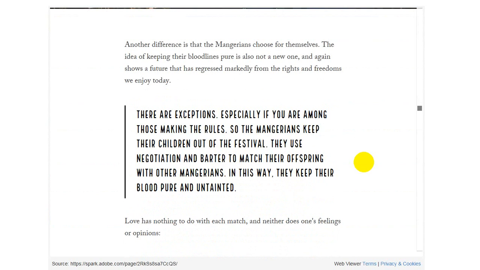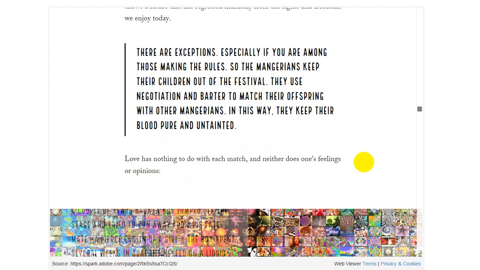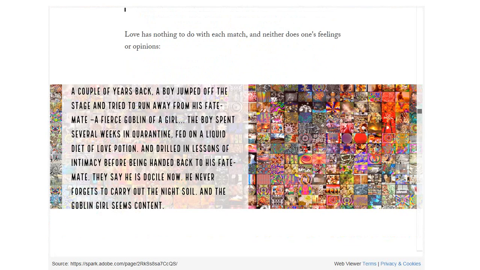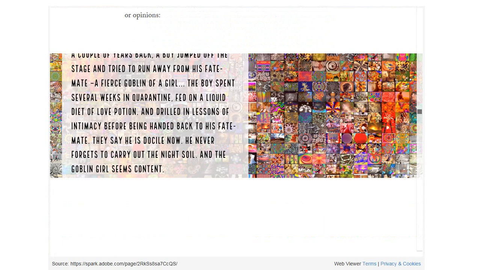Another difference is that the Mangerians can choose for themselves, so they can barter to match their offspring with other Mangerians, depending on where they want their power to lie, and it's got nothing to do with love. A couple of years back, a boy jumped off the stage and tried to run away from his fate mate, a fierce goblin of a girl.